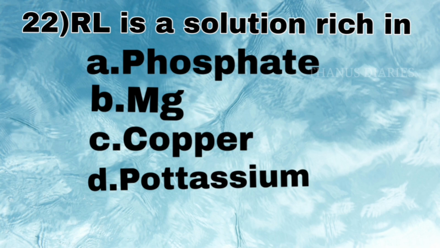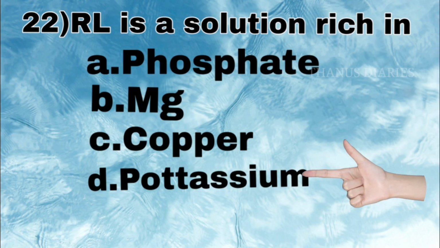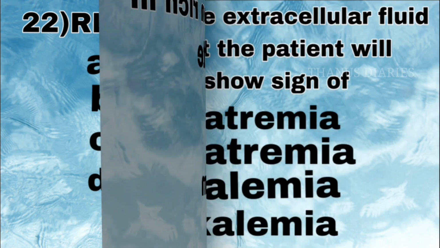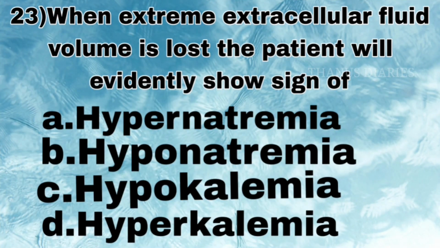Ringer lactate is a solution rich in phosphate, magnesium, copper and potassium. The answer is potassium. When extreme extracellular fluid volume is lost, the patient will evidently show sign of hypernatremia, hyponatremia, hypokalemia, hyperkalemia.